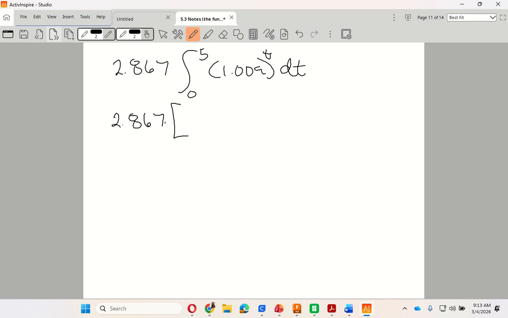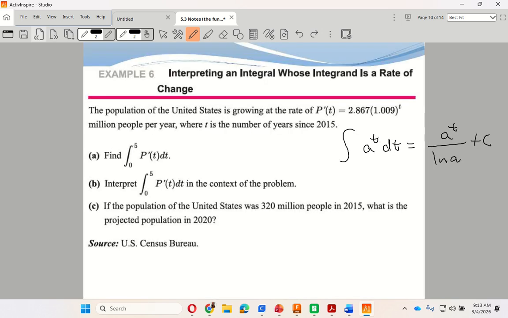And so the integral of that is going to give me a to the t over ln of a, and since it's the definite integral, from 0 to 5. Definite integral. That's why there's no plus c, right? Even though I gave you something with a plus c for that, but that's just the rule for that.